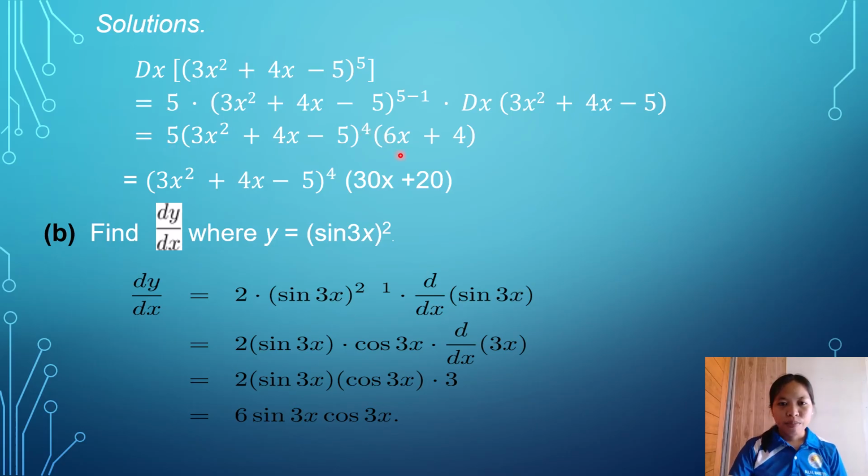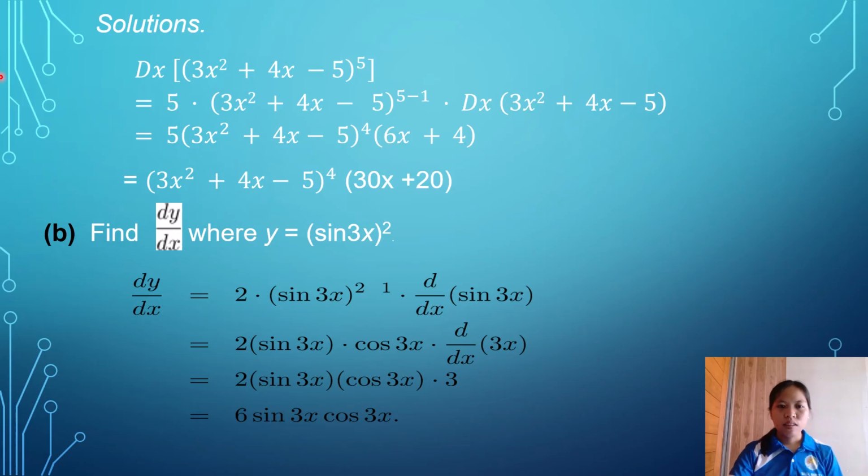So bring down the exponent, which is 5, multiplied by the inner function 3x squared plus 4x minus 5. Then subtract 1 from the exponent. Then multiply by the derivative with respect to x of 3x squared plus 4x minus 5.